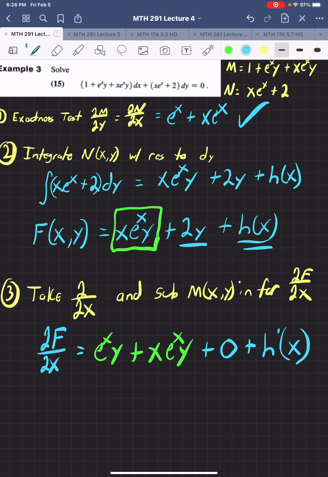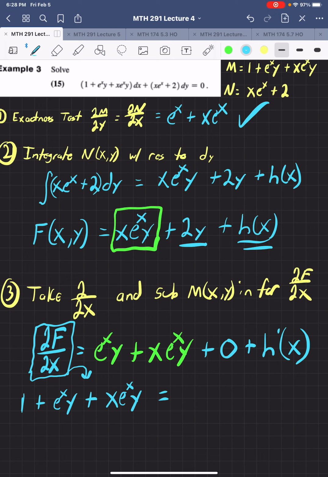So what is that going to look like? So now it's going to be 1 plus e to the xy plus x e to the xy equals. All right, so that is the substitution from here.